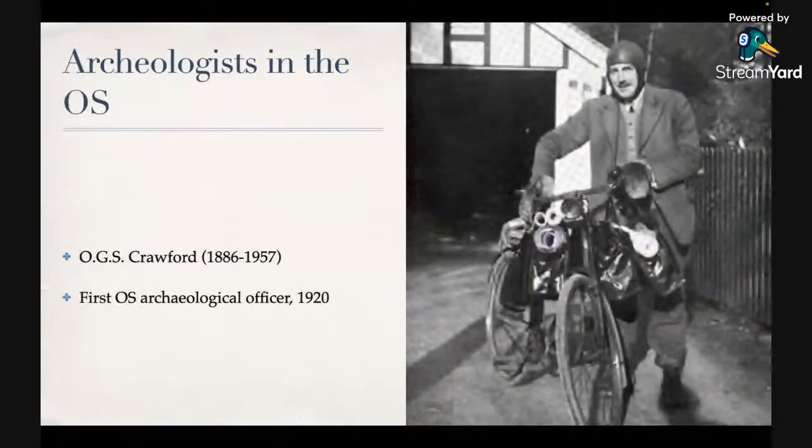And I think it's time now to give credit to this amazing individual that was O.J.S. Crawford, who was the first OS archaeological officer starting in 1920, the author of those amazing guidelines, and it is no surprise that he was a pioneer in scientific archaeology. And I can imagine that sometimes he had a really hard time trying to teach the surveyors to recognize archaeological features in the landscape, but we are very glad that at least he tried.